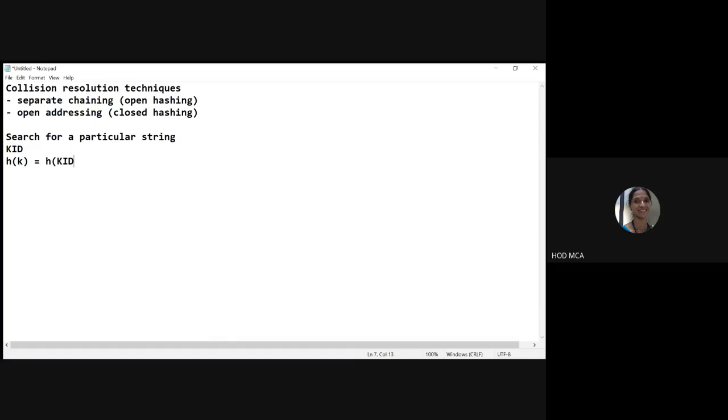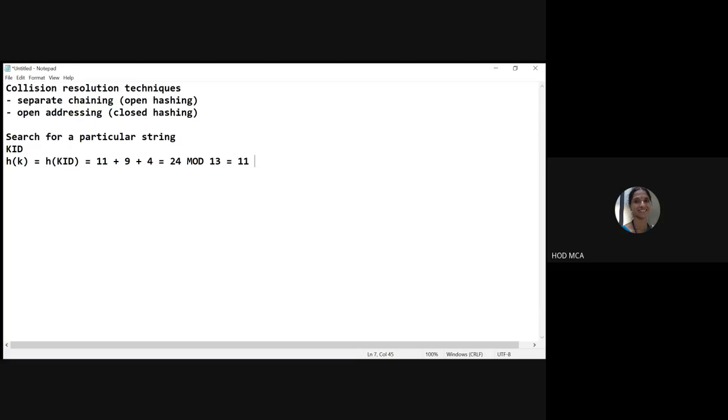K position is 11, I position is 9, D position is 4. So 11 plus 9 plus 4 gives 24. 24 mod 13 gives 11. That means I will go directly to the 11th slot of my hash table and see if that particular string is available there or not.